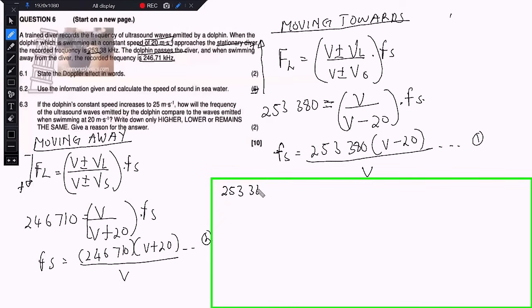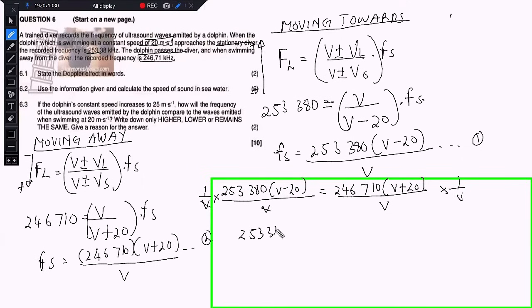So 253,380 times V minus 20 over V is equal to 246,710 times V plus 20 over V. Now, they both have a denominator of V, so we can cancel off this V by simply multiplying both sides by V. So that's 253,380 times V, if we now expand inside here, then the same number multiplied by 20, I'm getting 5,067,600.